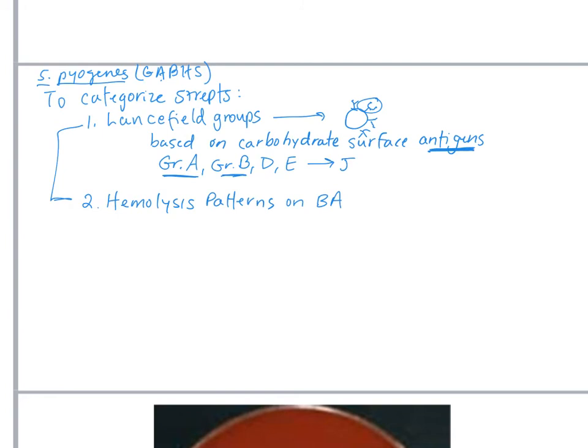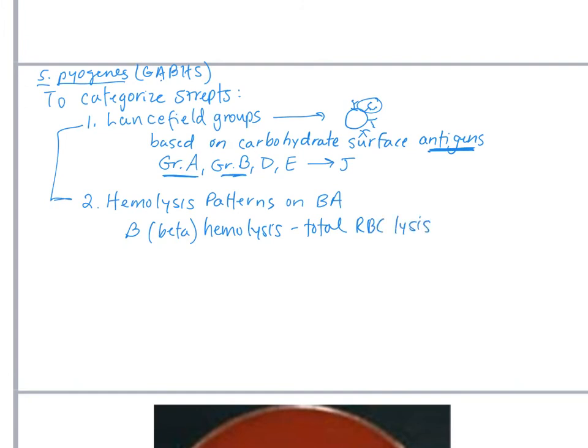There are 3 different hemolysis patterns. Beta hemolysis is characterized by total red blood cell lysis.